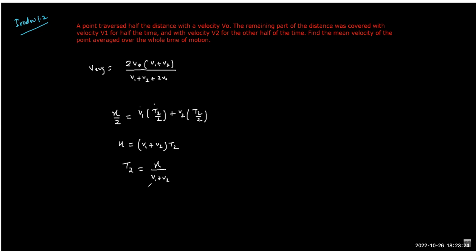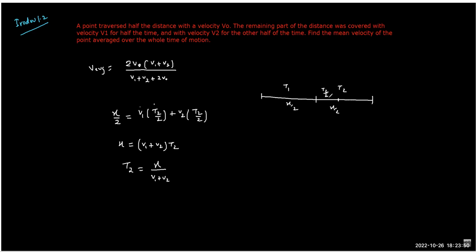But this looks fine, no, sir? The answer is correct, but the method is not correct. What I just wrote is correct. Now what she has taken is X by 2 and X by 2, the remaining journey. This is T1, this is T2. Half of the time, which could be anything, you don't know.